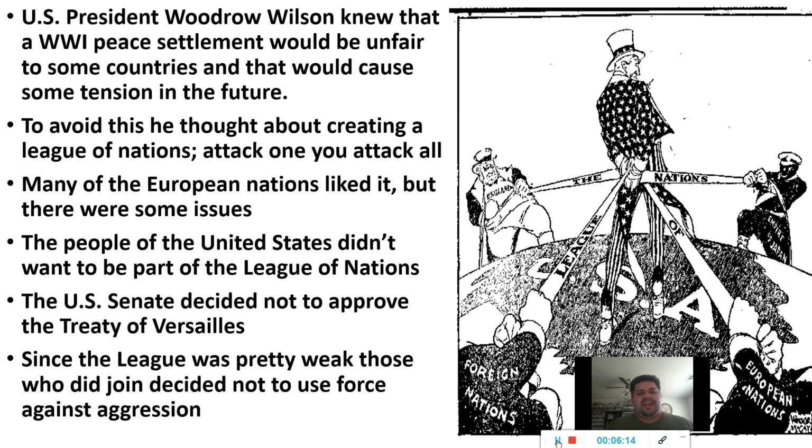So the United States Senate did not approve the Treaty of Versailles. Everyone else said, yeah, we agree to it. The United States said no. And since the league was pretty weak, those who did join basically had an agreement saying, you know what, we're not going to be aggressive to another country.